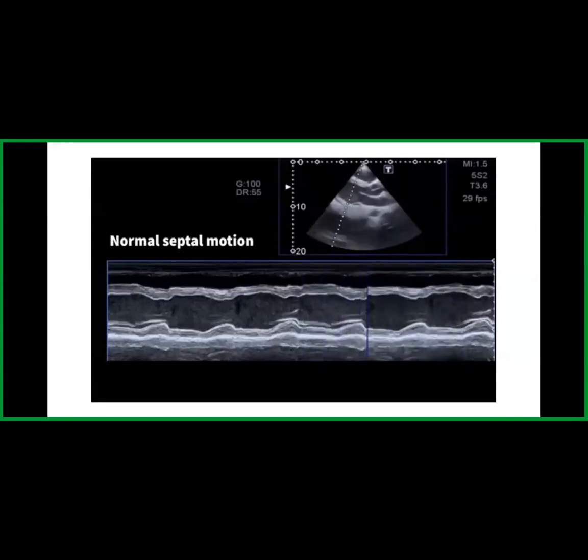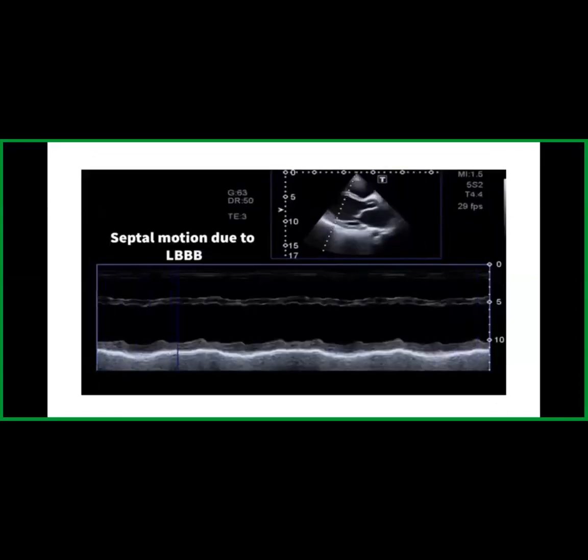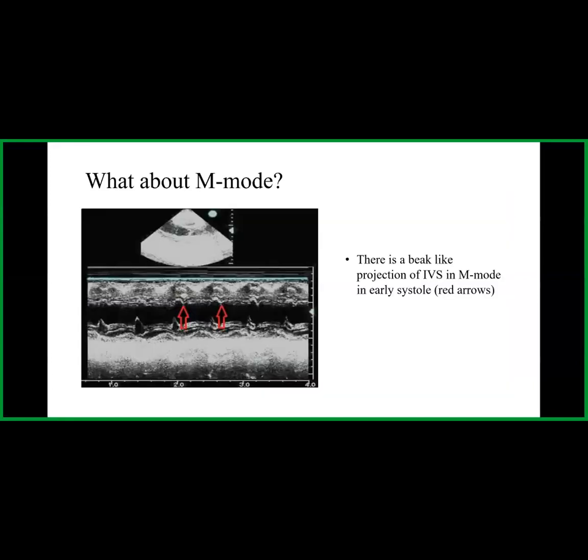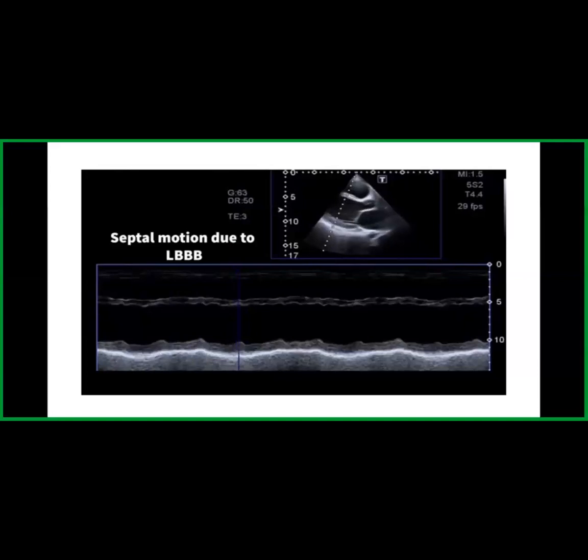This paradoxical movement will cause the tracing of M modes to come out in this way, such that the IVS itself does not relax and contract properly. We are also able to appreciate this in the M mode here.